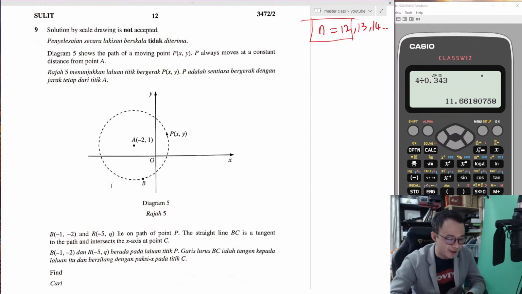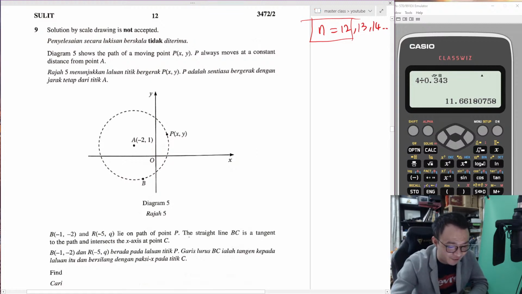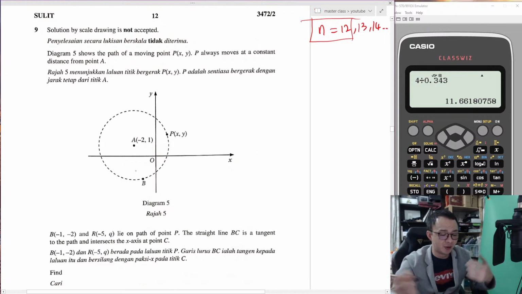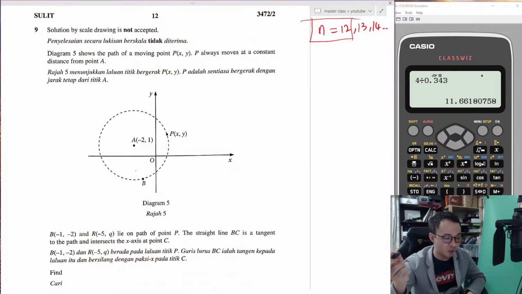Alright, question 9 here. We have some point B, and point R lies on the path of P. P is obviously the moving point, so I will assume P is the locus, which is a circle. P always moves at a constant distance from A, so AP is a radius.